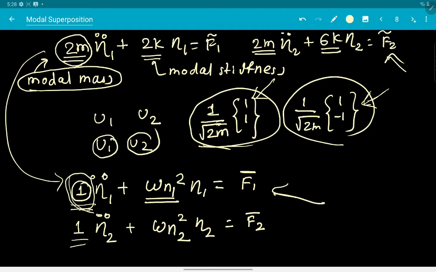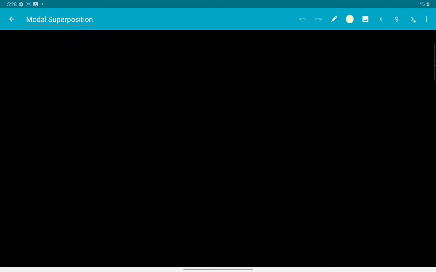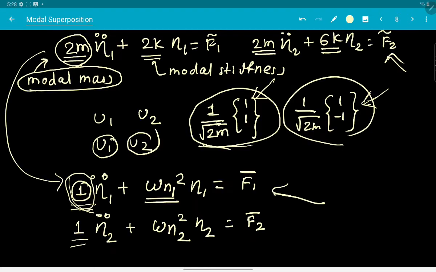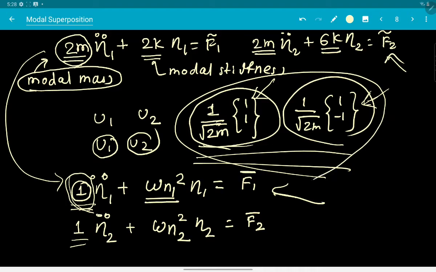However, it is not necessary, you can pick anything. When we have such mode shapes picked up, these are called mass normalized mode shapes.